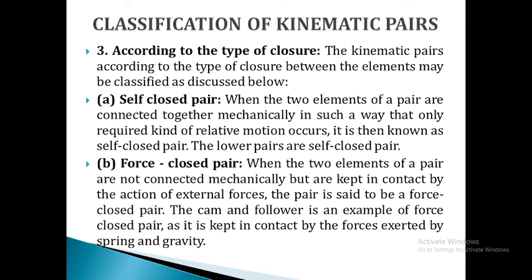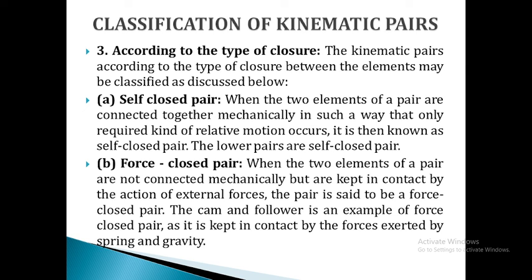When the two elements of a pair are not connected mechanically but are kept in contact by the action of an external force, the pair is said to be force-closed pair. The cam and follower is an example of force-closed pair as it is kept in contact by the force exerted by the spring or gravity.